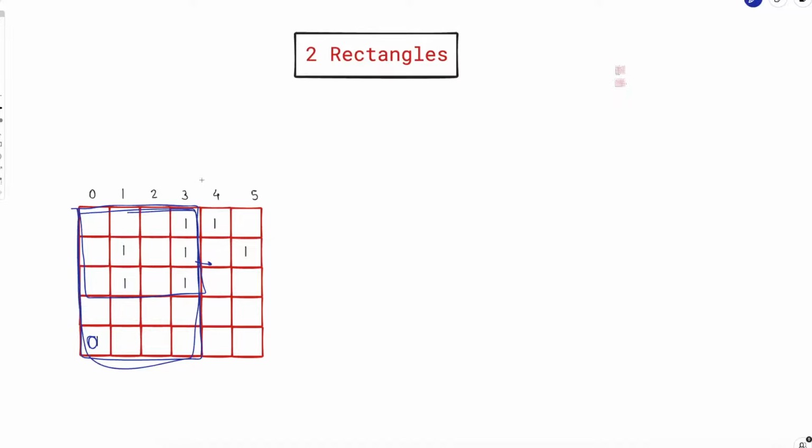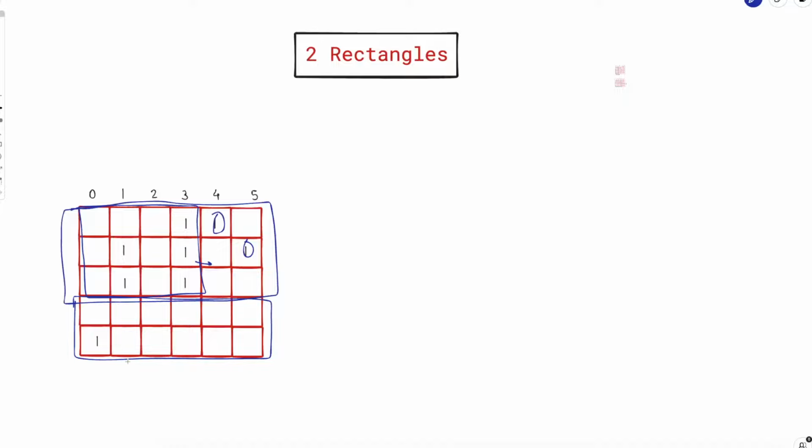Now what you are left with is this entire rectangle, and you want the minimum rectangle which can cover all the ones in this area, right? And on the other side, let's say you assume that there is no one on the right side, in other words, you have covered all the ones in this area fully. Now you want to just cover all the ones in this area, which is nothing but an independent grid.